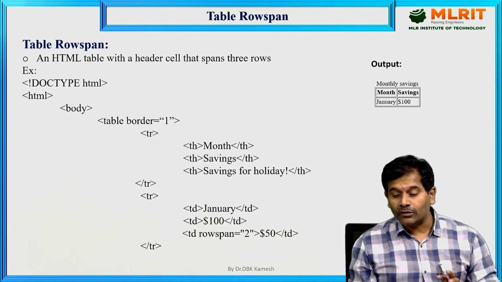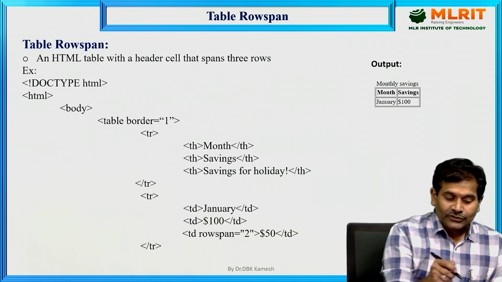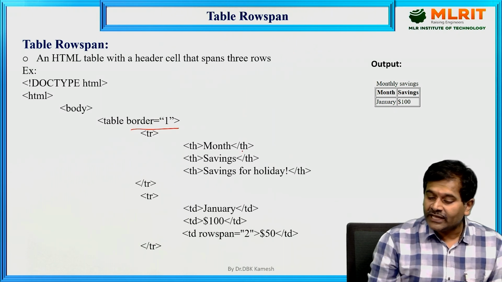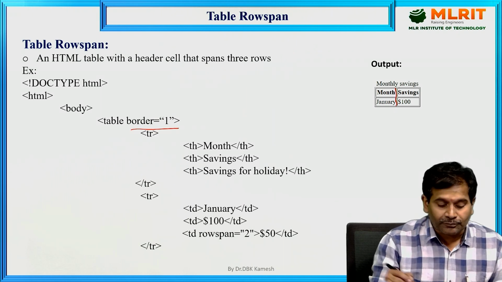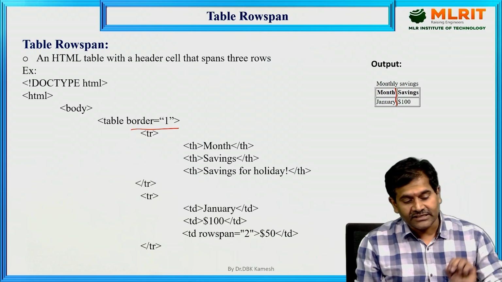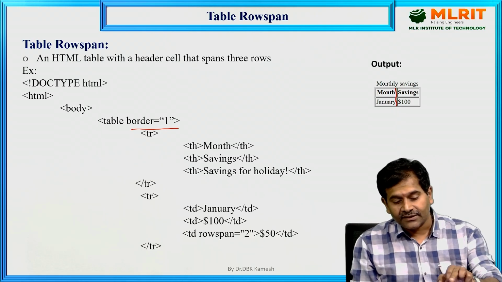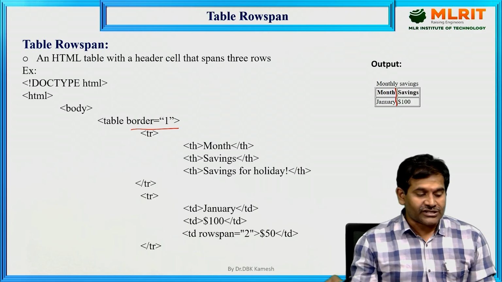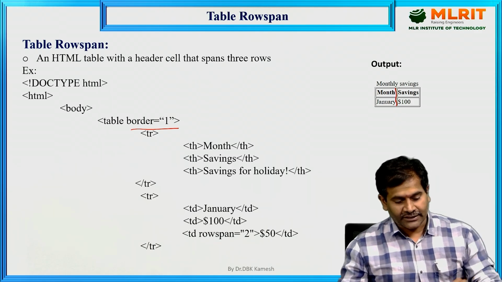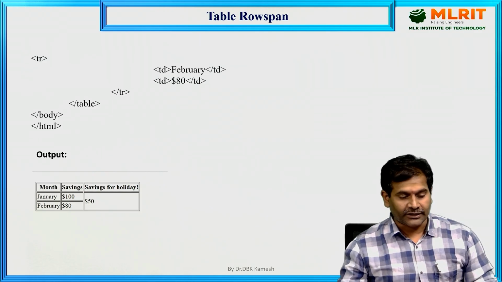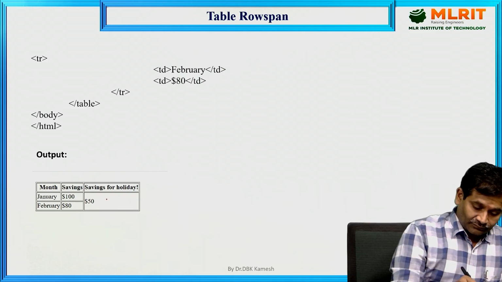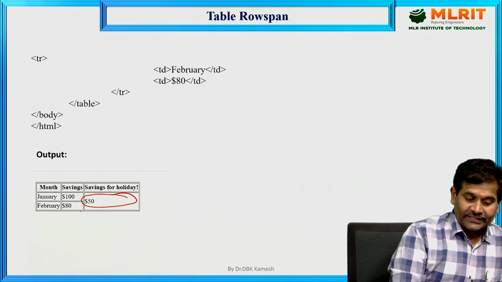Then the table row span. Right, so we have given border equal to 1. Same, we have given the span in an HTML table with a header cell that spans 3 rows. Right, 3 rows, which you can use like here: tr, 2 trs, and another one is tr. See this one, we have given it looks like this.